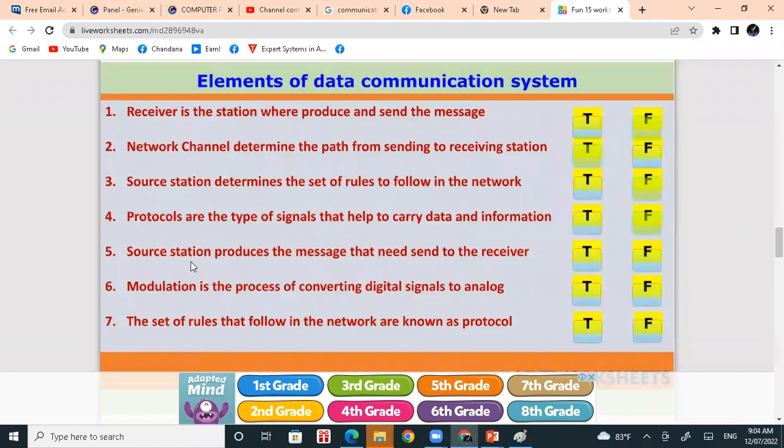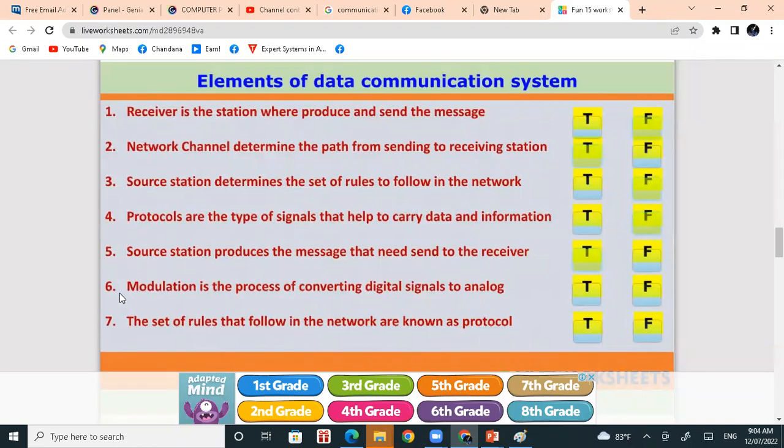Right. Next one: source station produces the message that needs to be sent to the receiver. True. Yes, the statement is true, correctly giving the description of the source station. Source station produces the message that needs to be sent to the receiver.